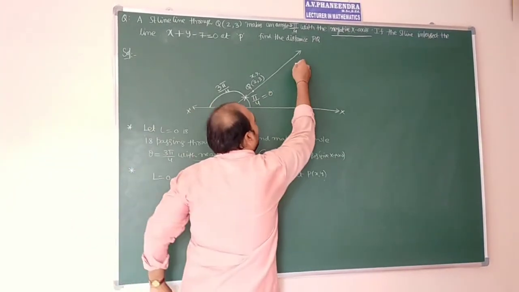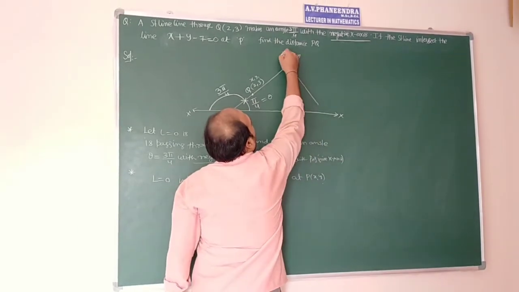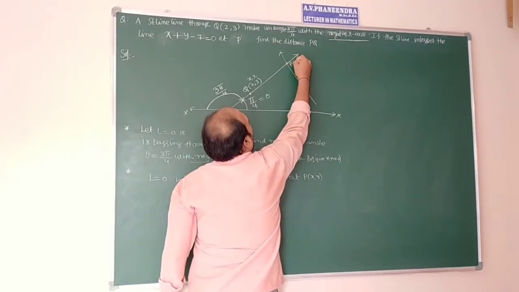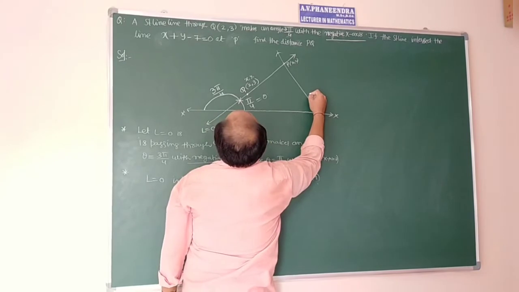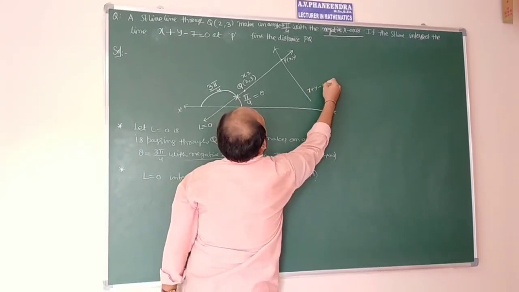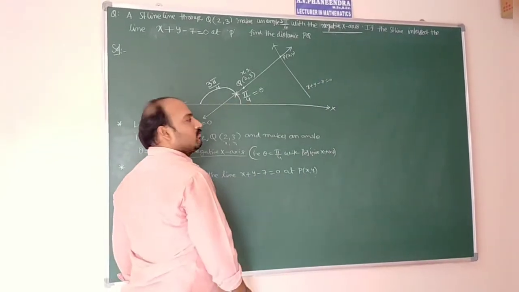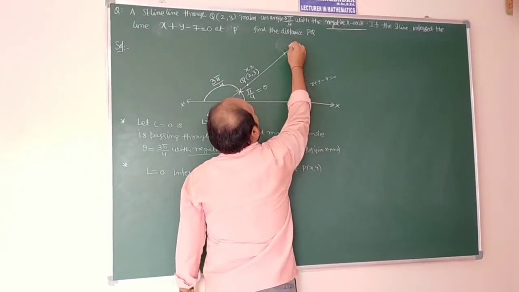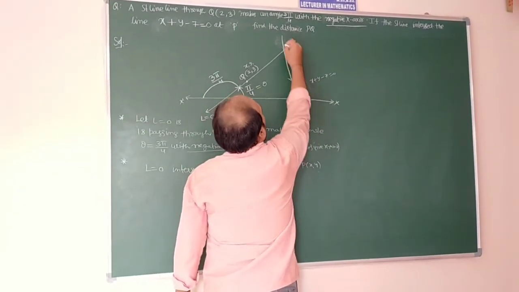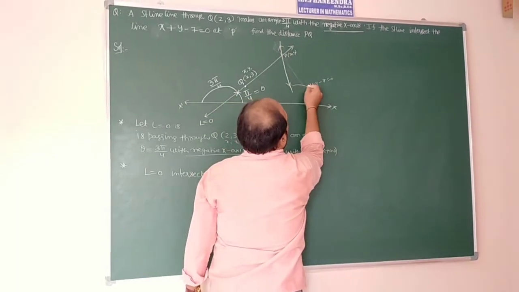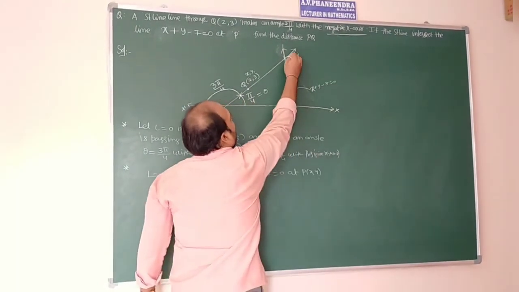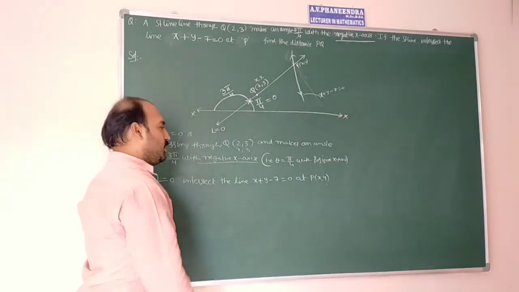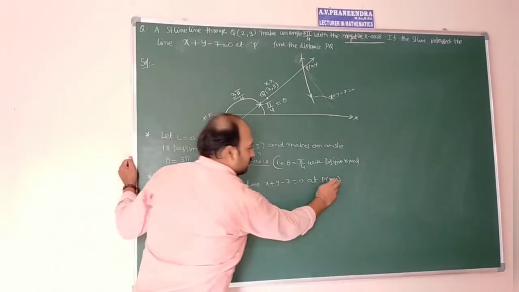This line is intersecting at the point x comma y. This line is x plus y minus 7 equal to 0. If you draw it like this, it looks perpendicular, but you shouldn't think that it is perpendicular. It should be just a line. It is not perpendicular. This line is x plus y minus 7 equal to 0 at P of x comma y.